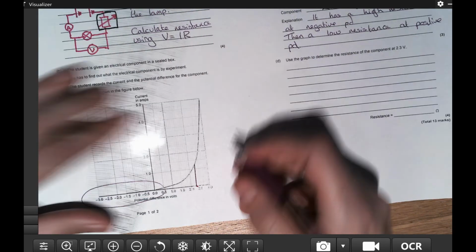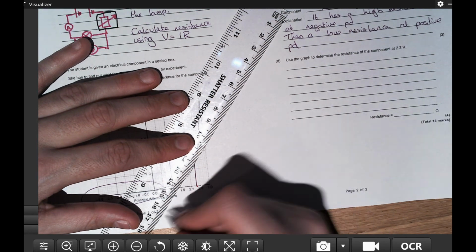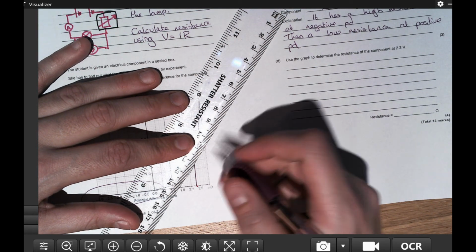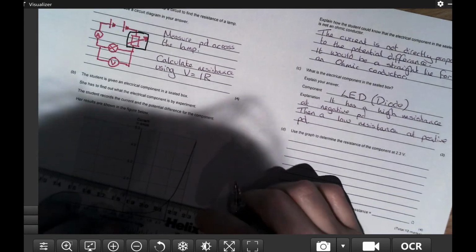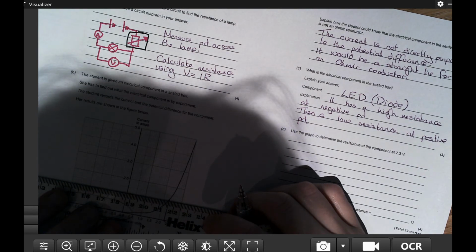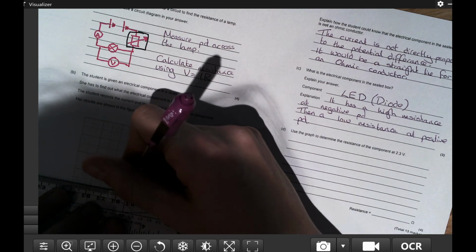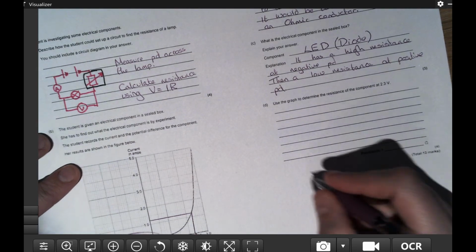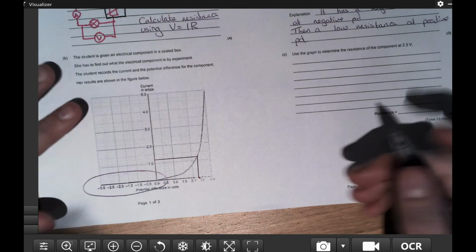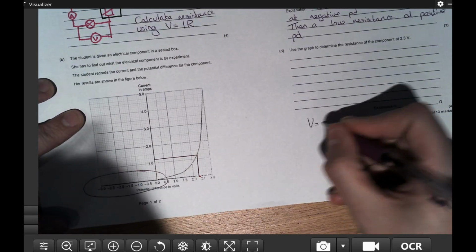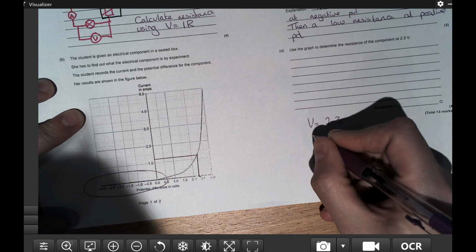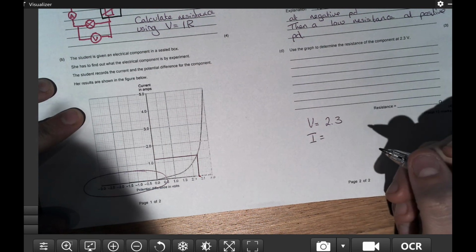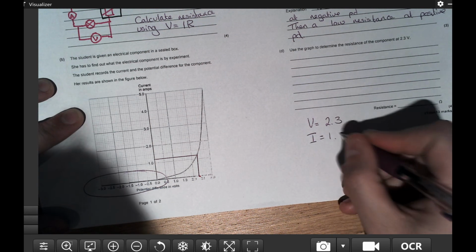Now at this point you could either draw a tangent on your graph and work out the change in x over the change in y, or you can work out what I would equal. So from my graph I've got V equals 2.3 and I've got I equals 1.2.